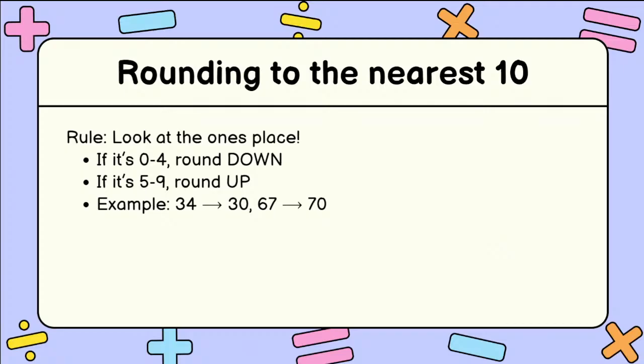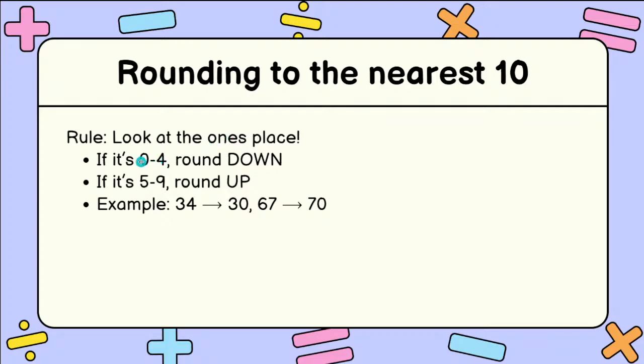So now we'll learn rounding to the nearest 10. The main rule to remember when we're rounding to the nearest 10 is we always look at the ones place. In a 2-digit number, there's always a tens place and a ones place. So in rounding to the nearest 10, you have to look at the ones place.